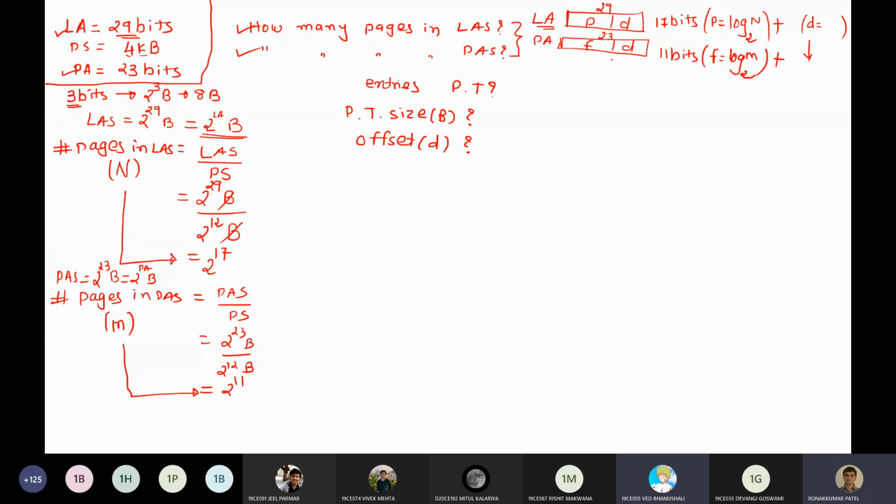Frames, offset. Frame size and page size are the same, right? So what is a page? Your page is a collection of offsets. Offset is a term that is used in that.